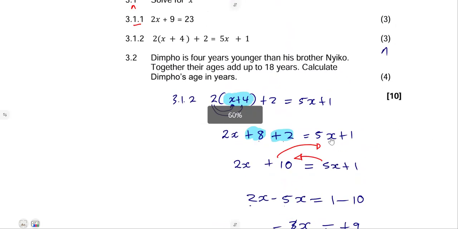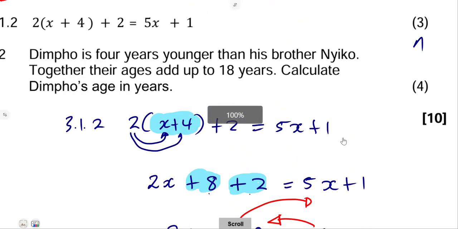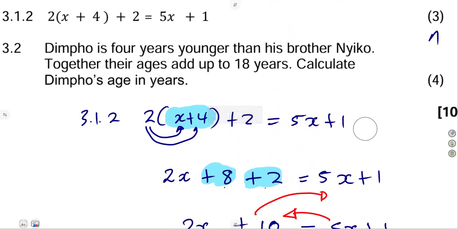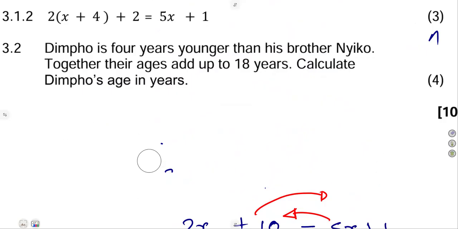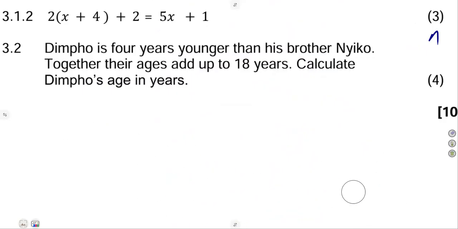All right. Then on another question, 3.2, we are given that it's an equation that is to be formed there. All right, but let's try to understand our statement. 3.2, we are given that Dimpo is 4 years younger than his brother. There are 2 conditions there that you can work with.